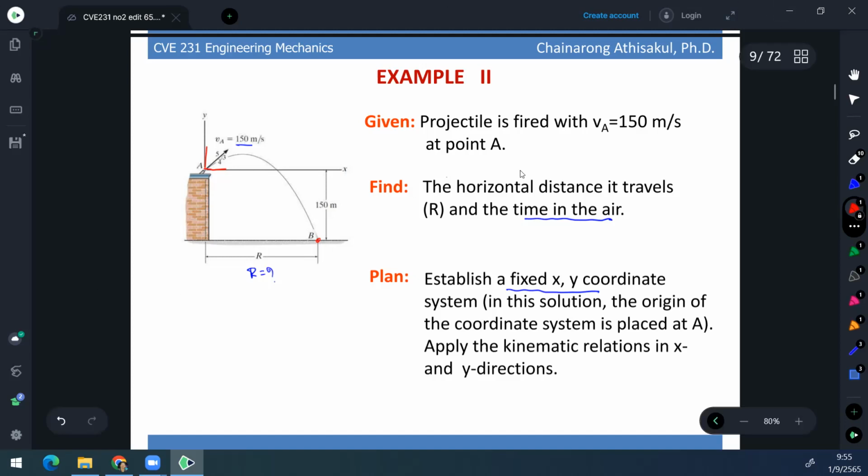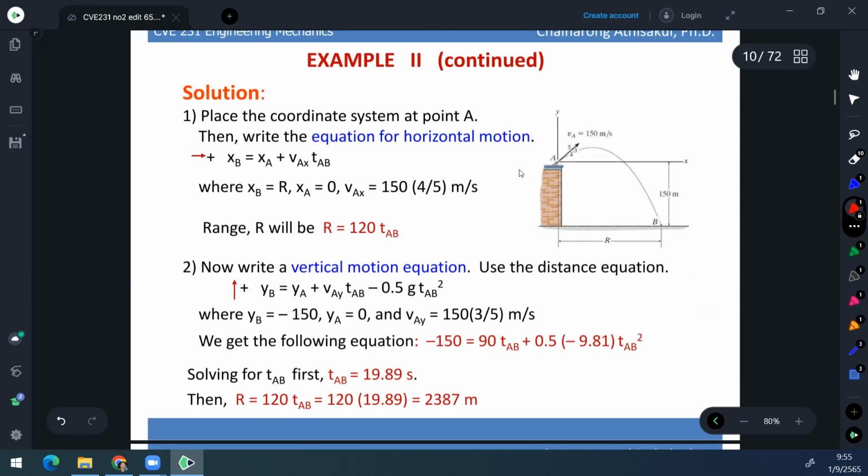According to this picture and the coordinate that we set up, we may start by considering the horizontal motion first. For the horizontal motion, we use the kinematic equation, where the particle moves with constant velocity, just the Vx component. It starts at point A, that is the origin, so xA is 0.